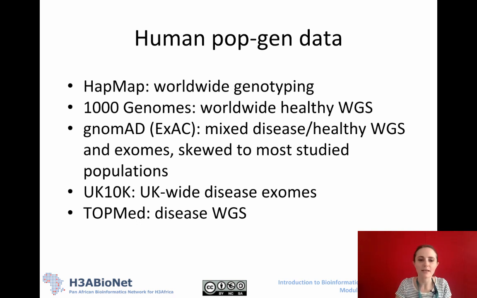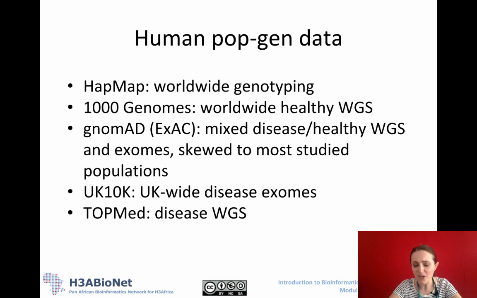Nomad used to be EXAC, and then Nomad absorbed EXAC. This is mixed disease and healthy whole genome and whole exome sequencing. Basically Nomad and EXAC pulled in studies from loads of different sources, any kind of publicly available data for which they could get counts of alleles at particular loci. They pulled those in and added them to the database.